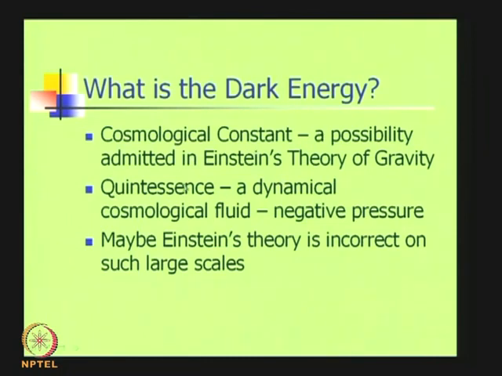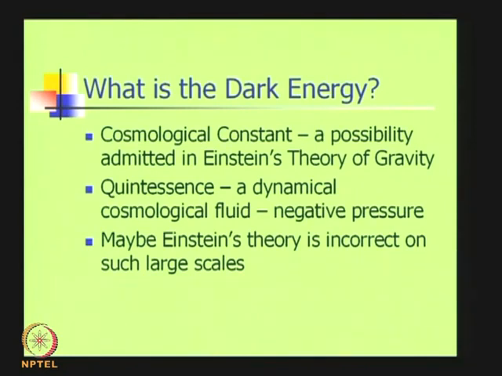This is one possibility, and there has been considerable study, and it is still going on, into different possibilities. You can change the dynamics, you can do a variety of studies here. And there is a third possibility, that maybe Einstein's theory is incorrect at the length scales and gravitational fields that you are discussing here.